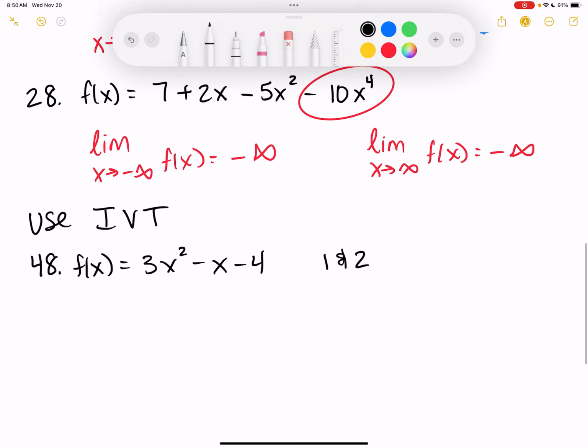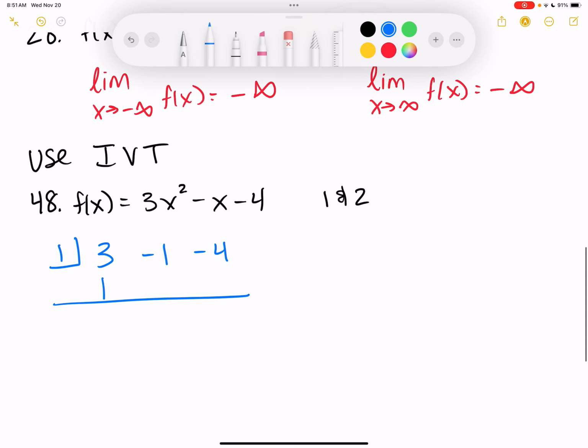So I just use those numbers exactly in synthetic division. So 1, then I do the same thing like I would have been doing in the last 2 sections that we've done. Copy down the numbers exactly. If there's a missing term, still have to put the 0 in there. I don't have any missing. So 3, negative 1, negative 4. Bring down the 3.